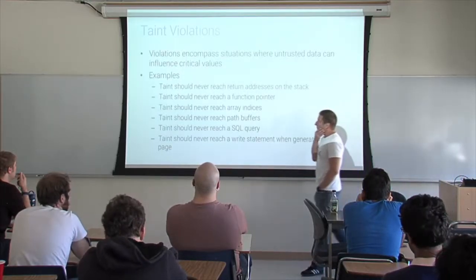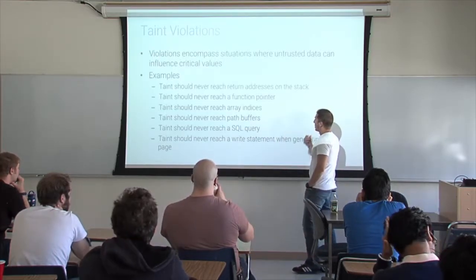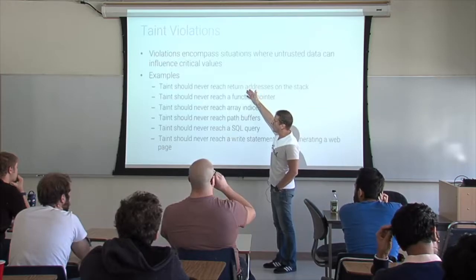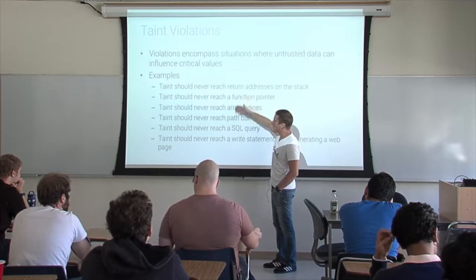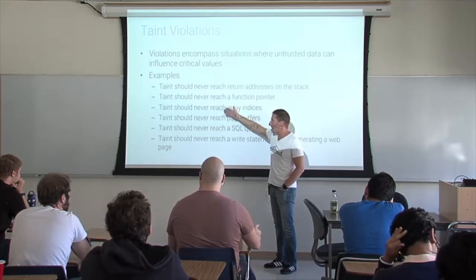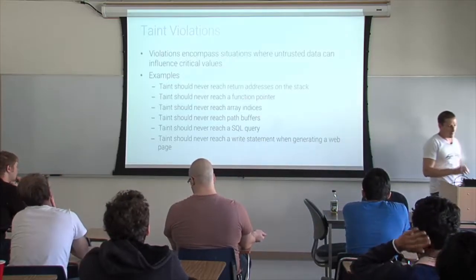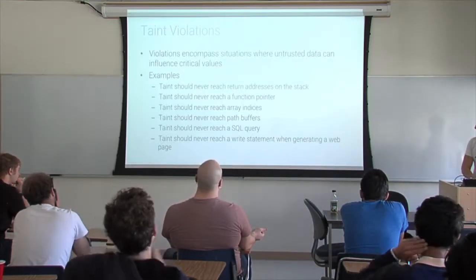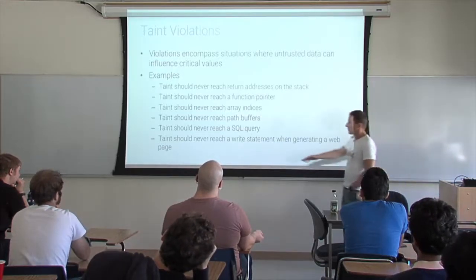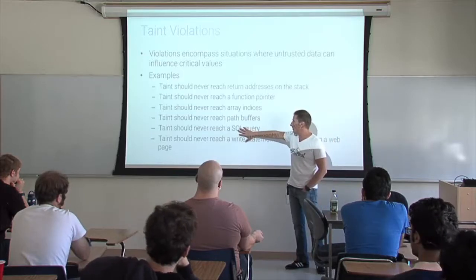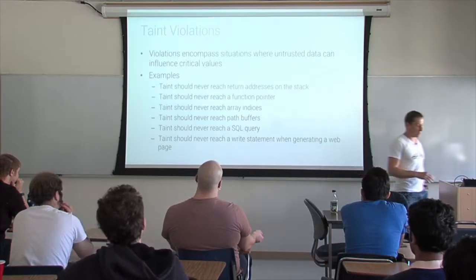An example of things that you can model using dynamic taint analysis: a tainted value should never overwrite the return address of the stack, or a function pointer, or indexes of arrays. You have seen examples of this when you were developing attacks against the binary data. And also, of course, this works for web applications where there is SQL injection or cross-site scripting attacks.